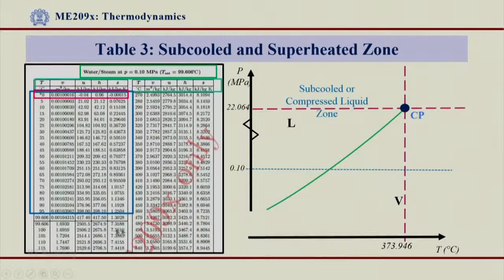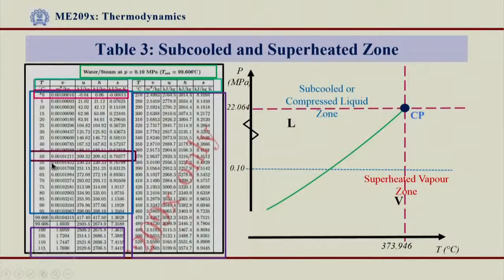And if we go beyond 99.606 degrees centigrade, beyond the Tsat value, we are in the superheated vapor zone. So, this entire second part is in the superheated vapor zone.